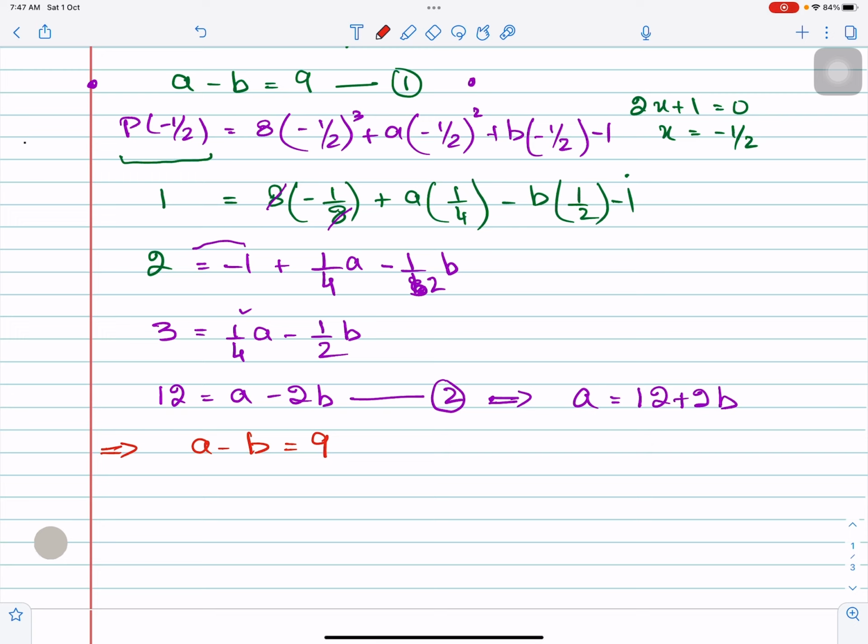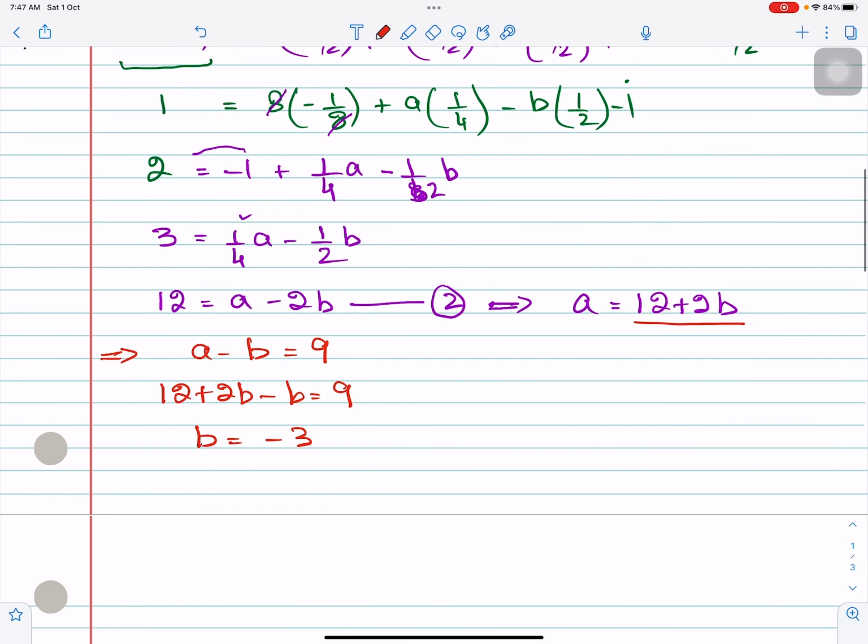In place of a I write 12 plus 2b, so 12 plus 2b minus b equals 9. So 2b minus b is b, and 9 minus 12 is minus 3. So I got the value of b. Now I will plug this value of b in here to get my a.